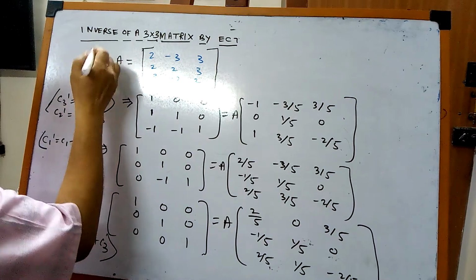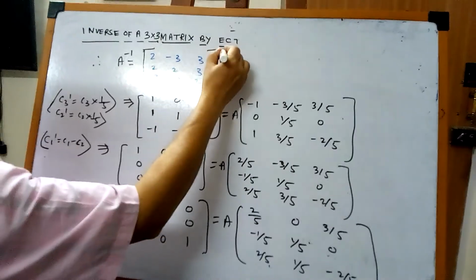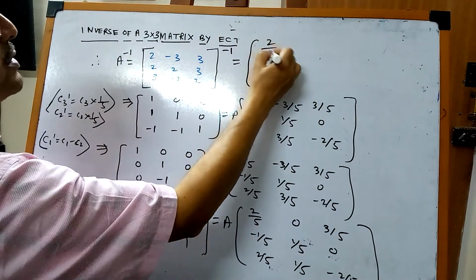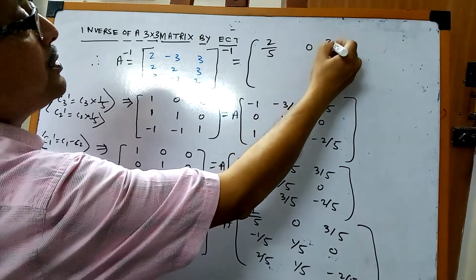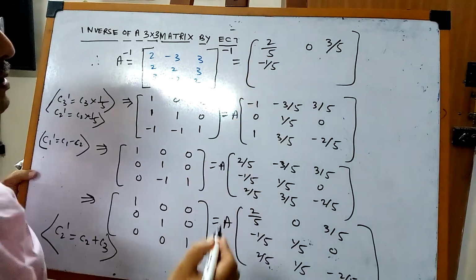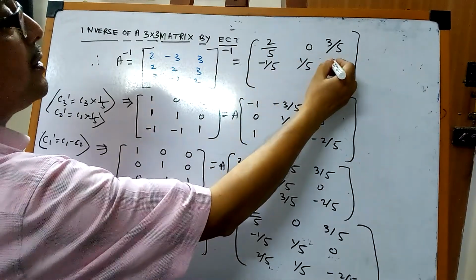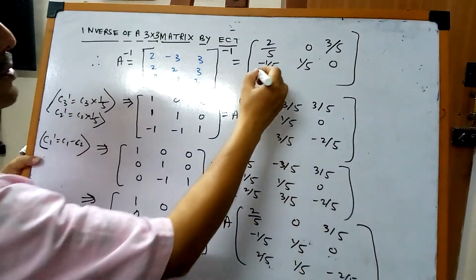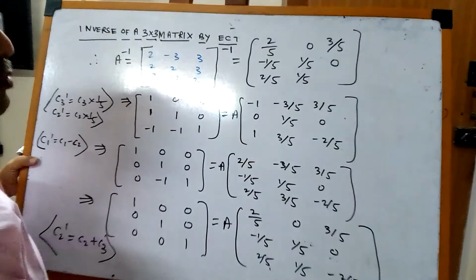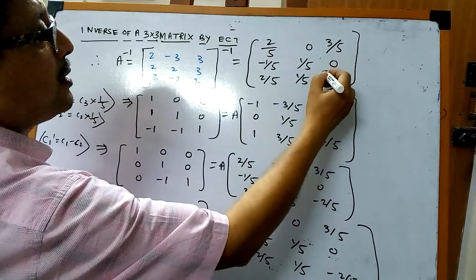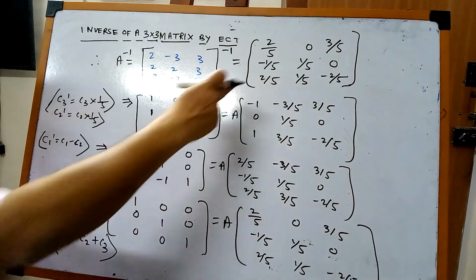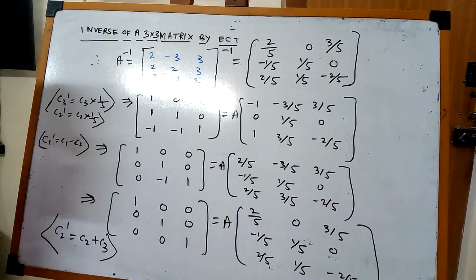So A inverse is equal to, this is our answer: 2 by 5, 0, 3 by 5, minus 1 by 5, 1 by 5, 0, 2 by 5, 1 by 5, minus 2 by 5. This is the inverse of this matrix.